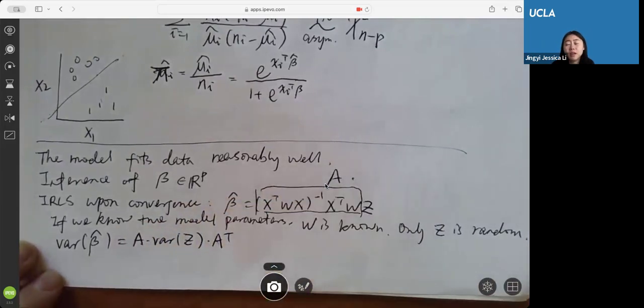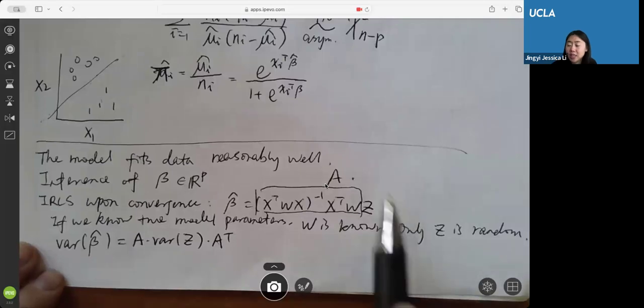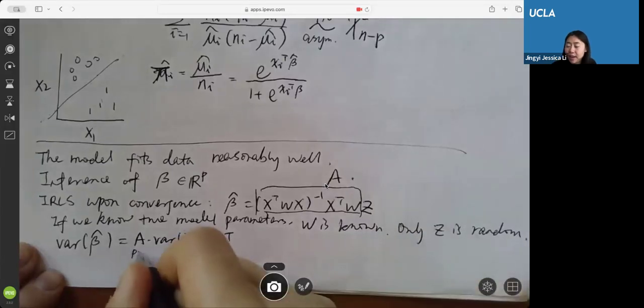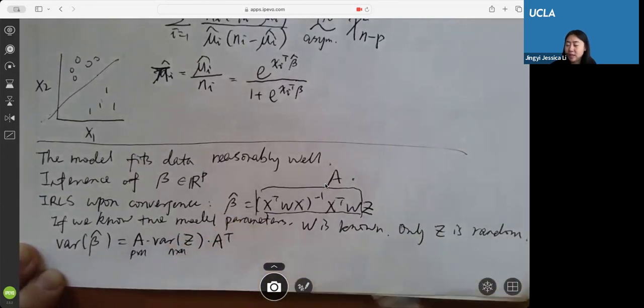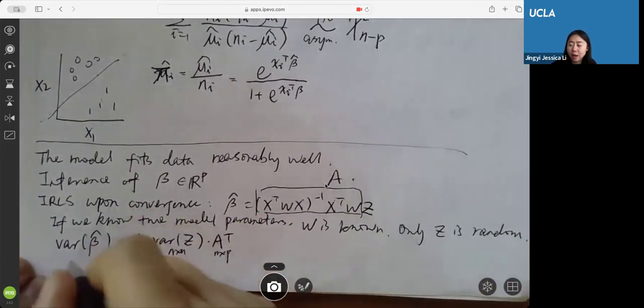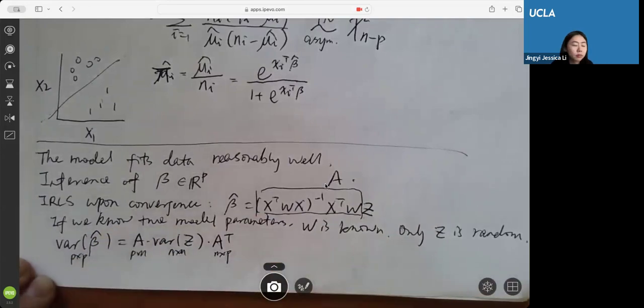That's the formula. Z is N by 1, so its covariance matrix is N by N, and A transpose is N by P. So the covariance matrix for beta hat will be P by P. Then put A back in.